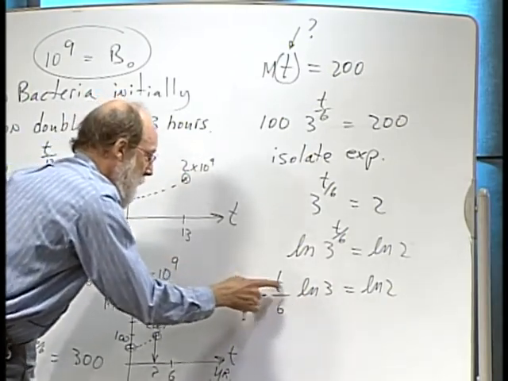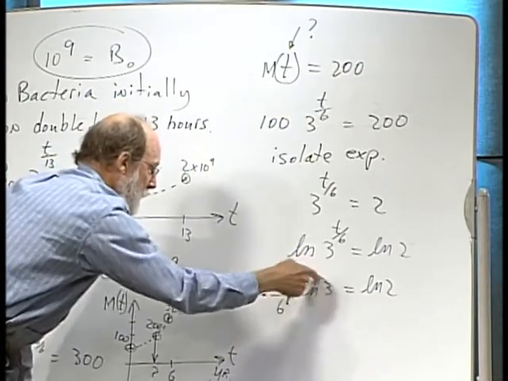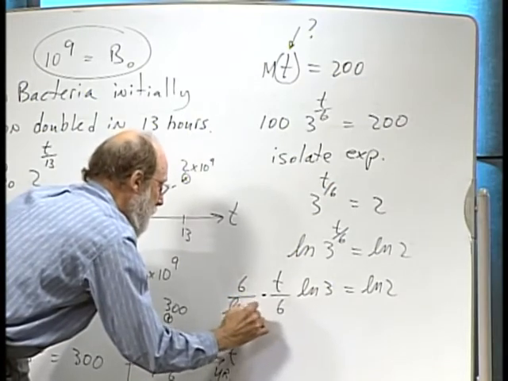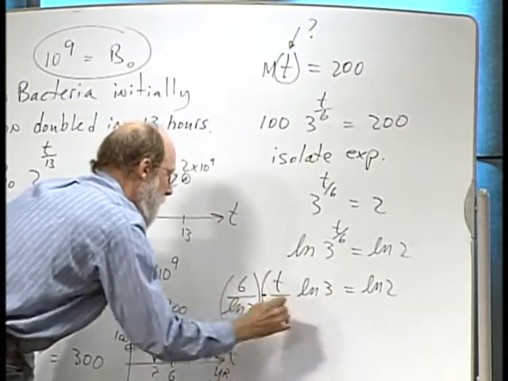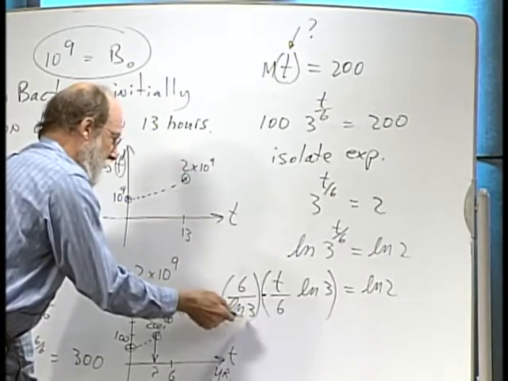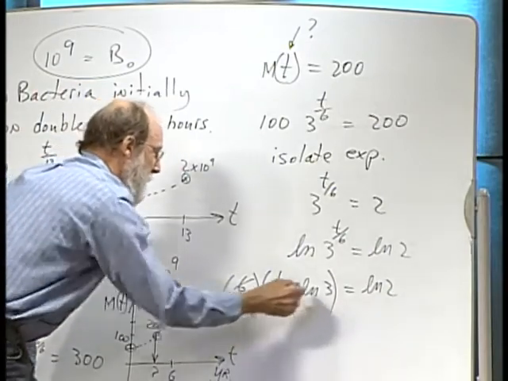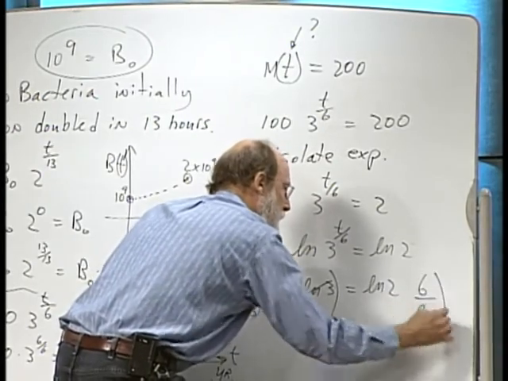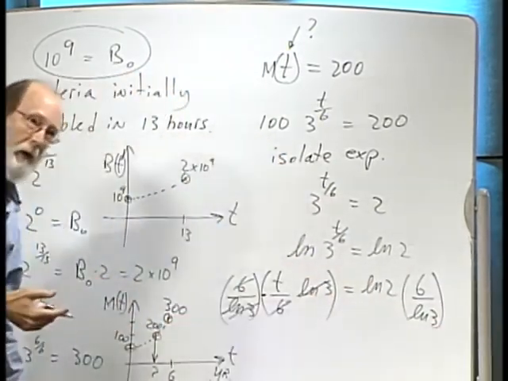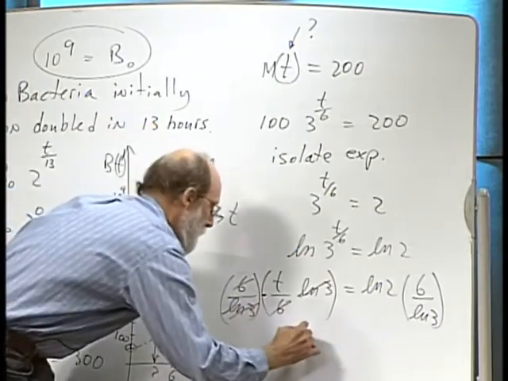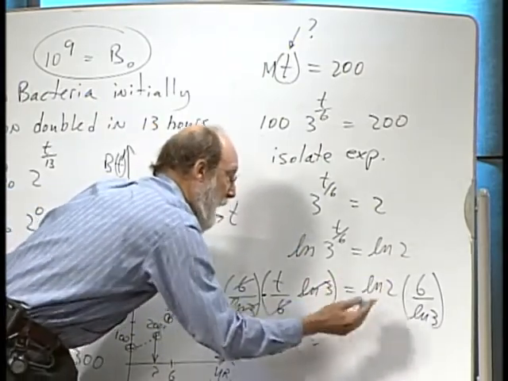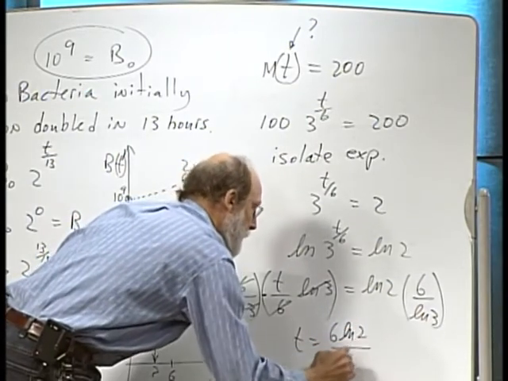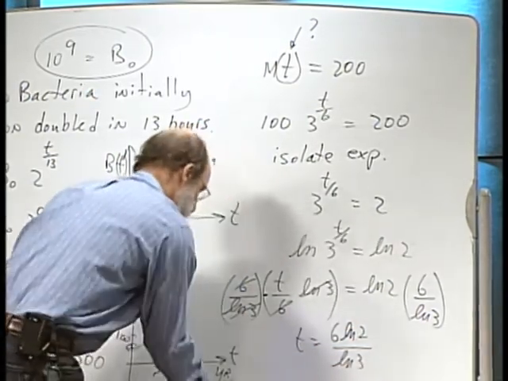The reciprocal of what's attached to t is 6 divided by the natural log of 3. So if we multiply both sides of this equation by 6 over natural log of 3, that's a little one-step way of isolating t. So then t's actual value is going to be 6 natural log of 2 over natural log of 3.